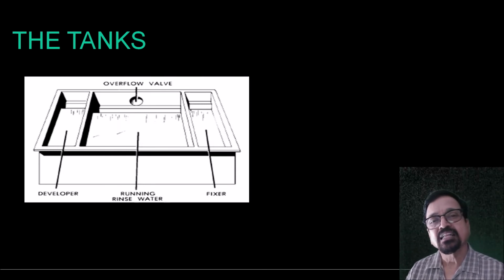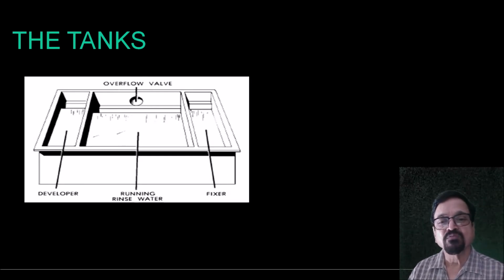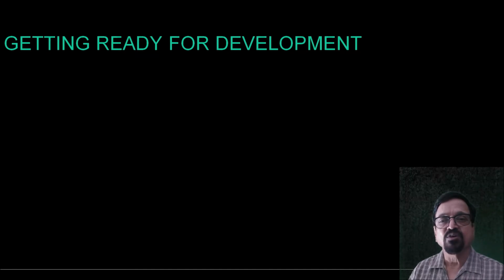So it maintains the temperature in a proper way. Otherwise, the proper design is shown here, where there is flowing water around. So the flowing water keeps the temperature at a certain optimum rate. So that is the advantage of having running water around the developing tray.